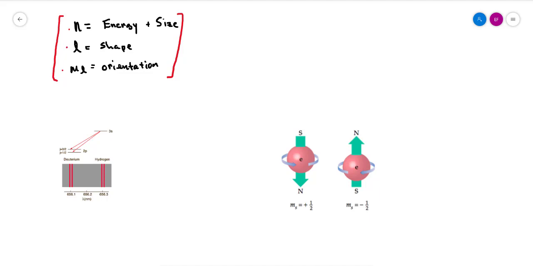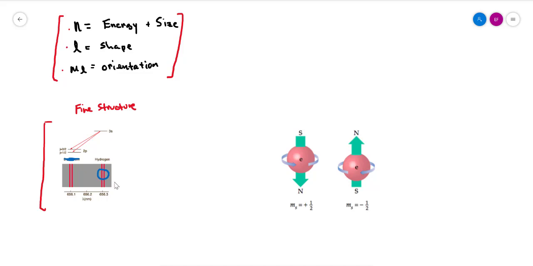In that case, what happened was scientists in the early days, thinking about the quantum mechanical model of the atom, looked at what they call the fine structure of the line spectrum. Really what that means is they just zoomed in really close, and what they saw was that at every line on, say, hydrogen, we don't need to think about deuterium for now, on the hydrogen lines, they actually saw two very closely spaced lines.